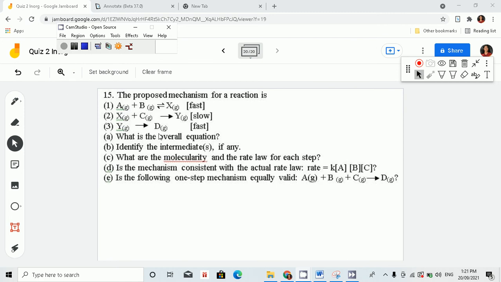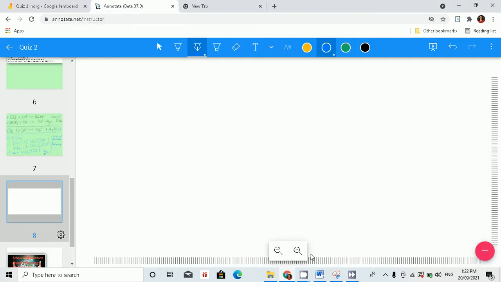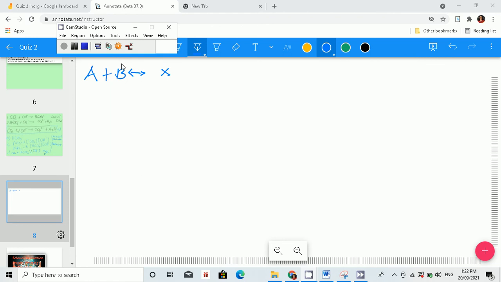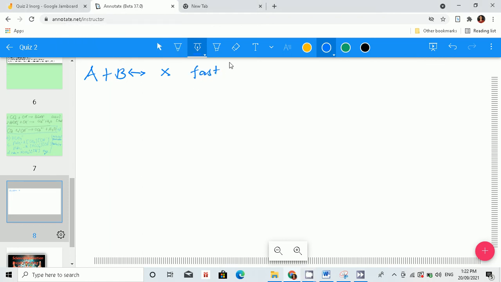Now let's write the reaction here. A plus B. So this is a fast reaction. And then for the second step, X appears as a product in the first step, and X is used as our reactant for the second step.